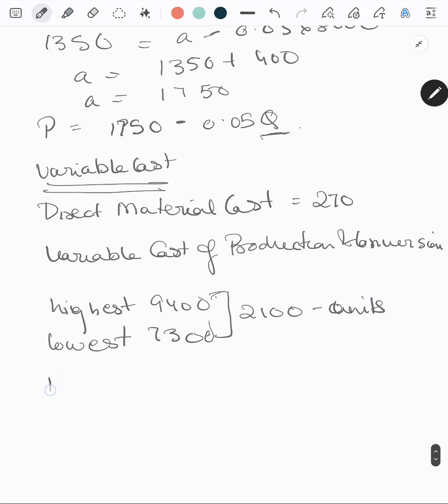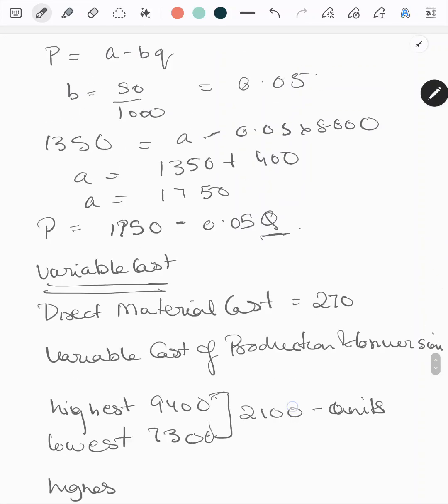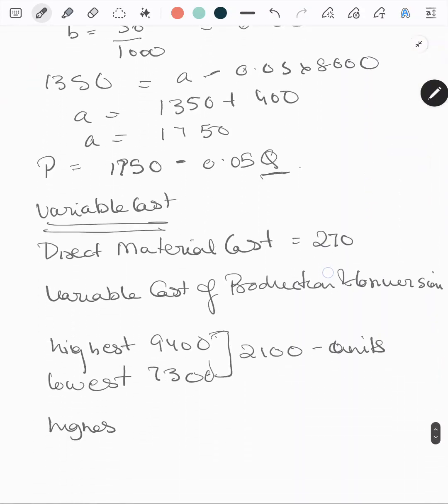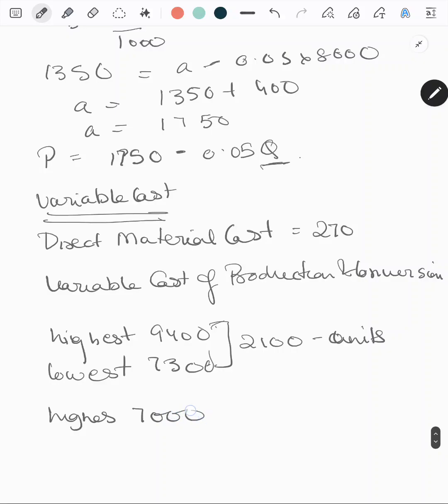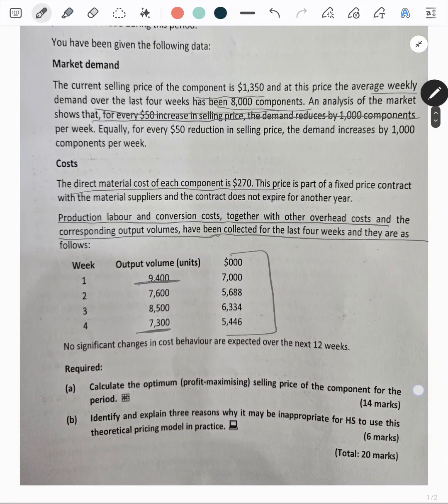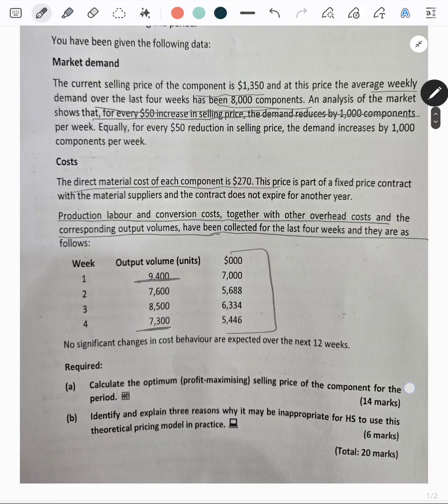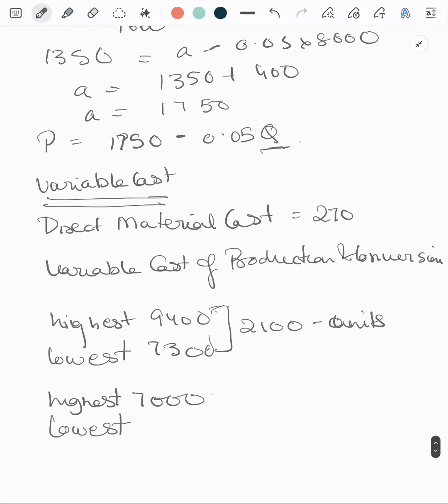And if I talk about the cost, highest is 7,000 and lowest is 5,446. So the difference in the cost is 7,000 minus 5,446, which is 1,554.